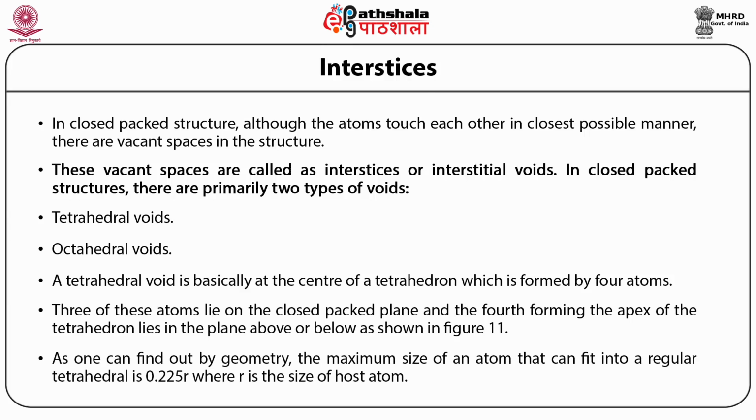As one can find out by geometry, the maximum size of an atom that can fit into a regular tetrahedral void is 0.225 R, where R is the size of the host atom.